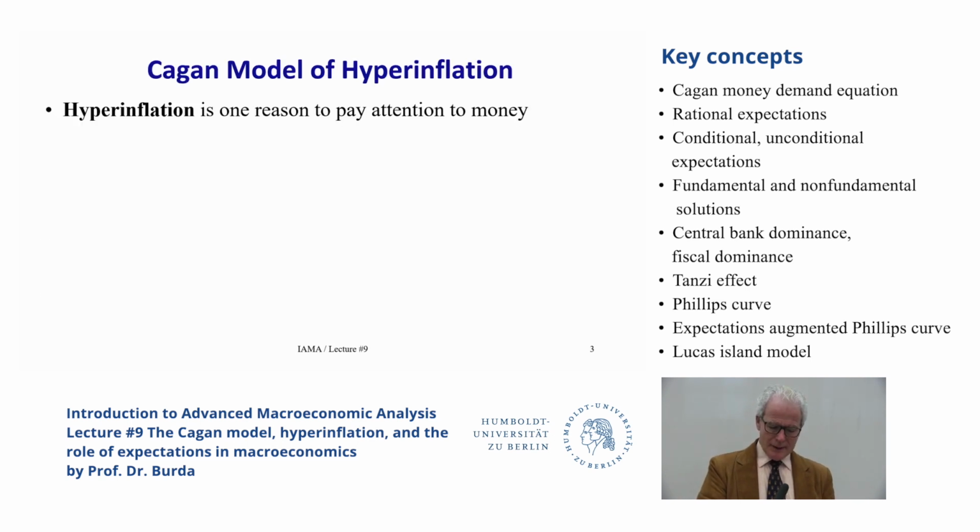So the Cagan model is a way of thinking about hyperinflation, which is a situation when the rate of growth of the price level is extreme. An arbitrary definition says when the price level increases by 50% or more per month, we have a situation we call hyperinflation.